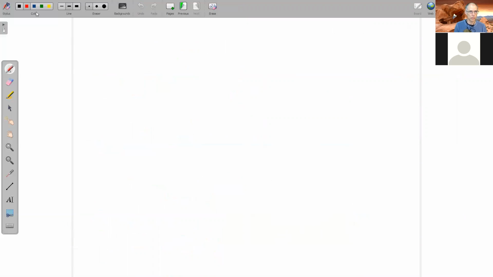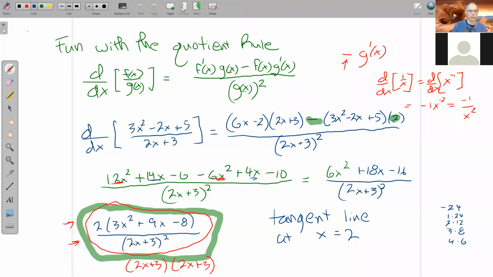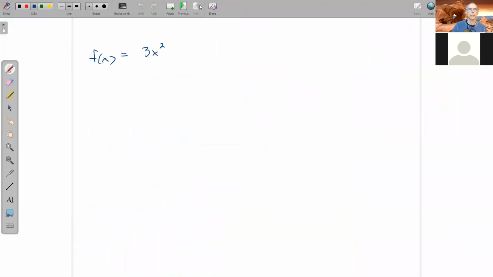So back here, new page, we've got the original function, f of x equals 3x squared minus 2x plus 5 over 2x plus 3. And we know this function has the point 2, 13/7 when we plug into it.